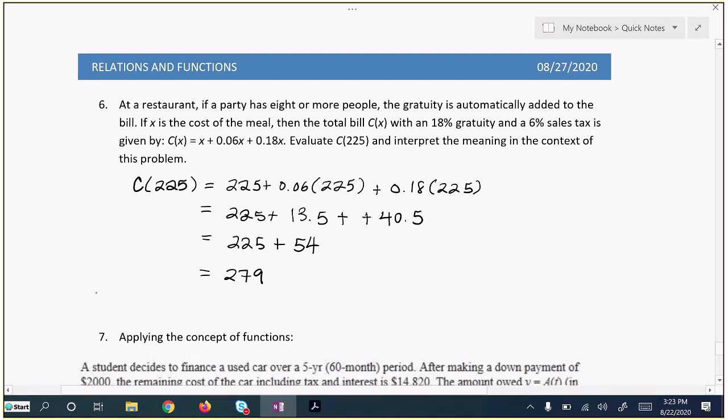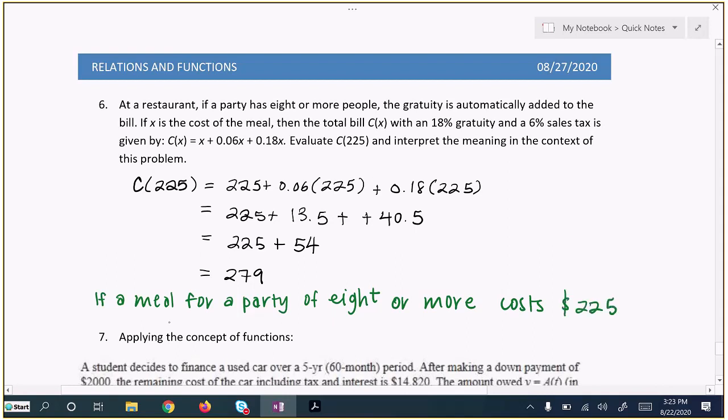So this tells us that if a meal for a party of 8 or more costs $225, then the total bill will be $279 after taxes and tip.